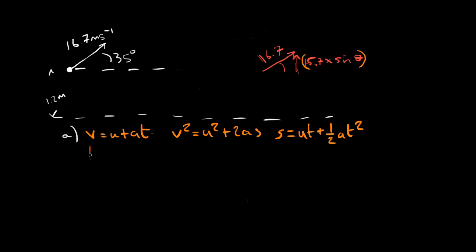So then if we want the time of flight, we can just say, okay, final velocity minus the initial velocity divided by acceleration. And the final velocity, since it's coming up and at the top it's going to be completely stationary, we know the final velocity is 0.